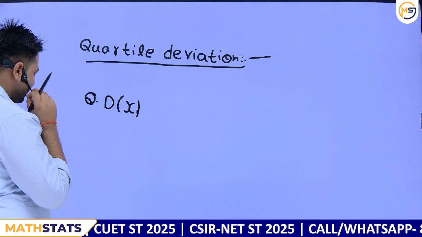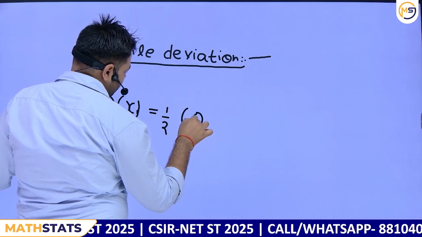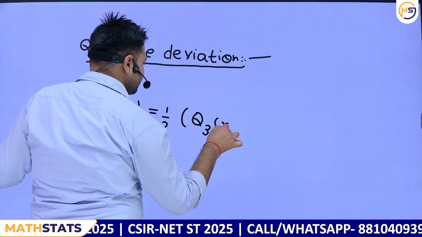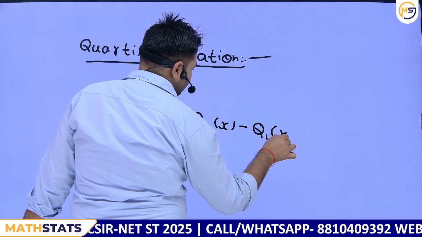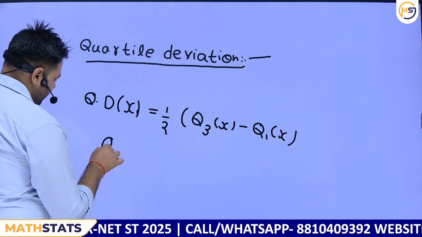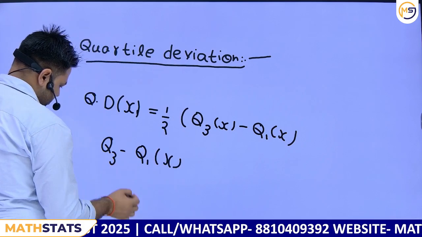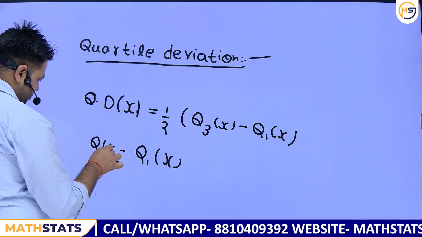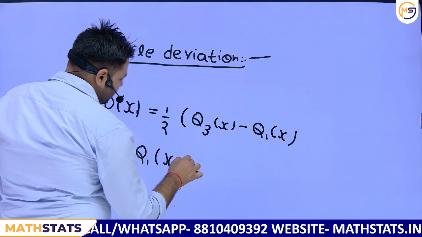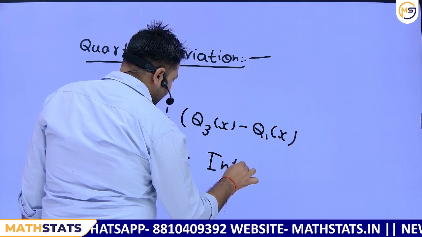So quartile deviation of x equals half of Q3 of x minus Q1 of x, and this Q3 minus Q1 is known as IQR, which means interquartile range.